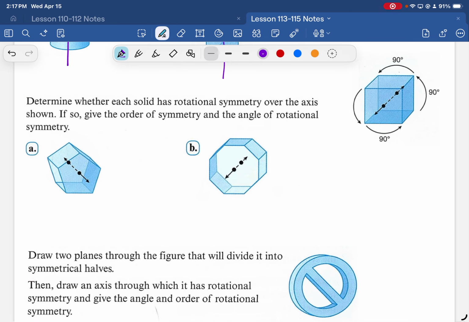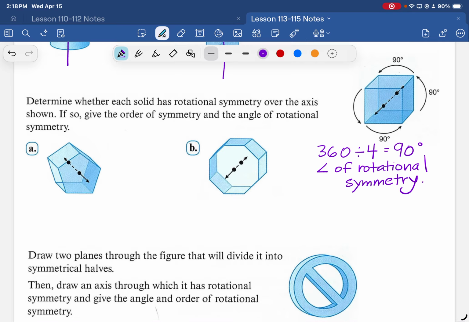So the way you find the angle of rotational symmetry is you take 360 divided by 4, write this down. That's how you get the 90 degrees. So that right there is the angle of rotational symmetry. So angle of rotational symmetry, 90 degrees.